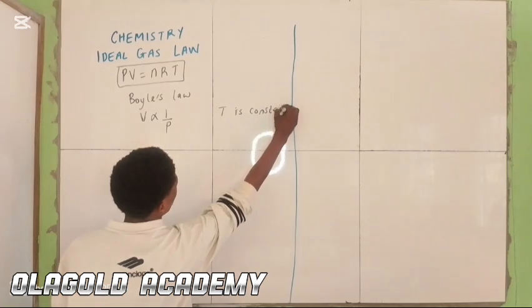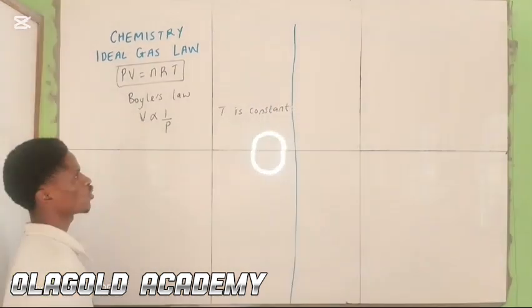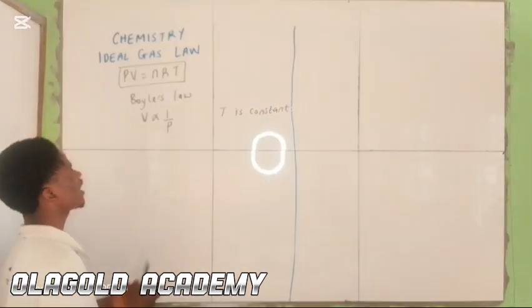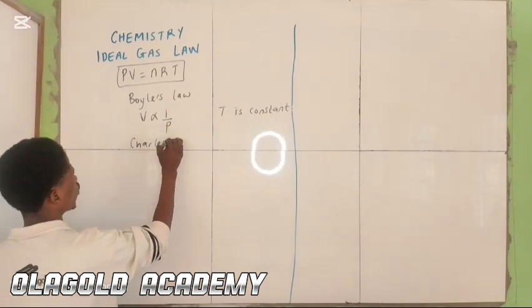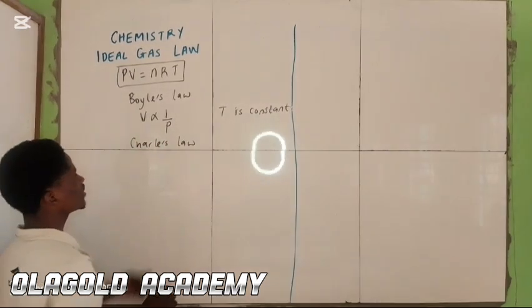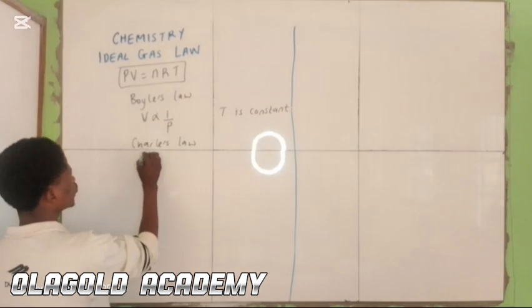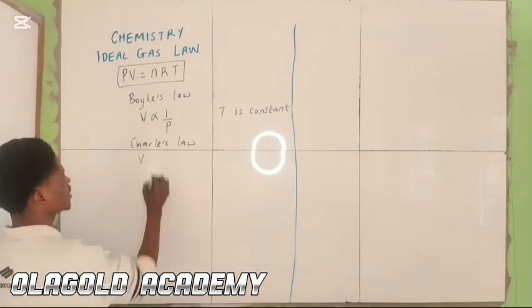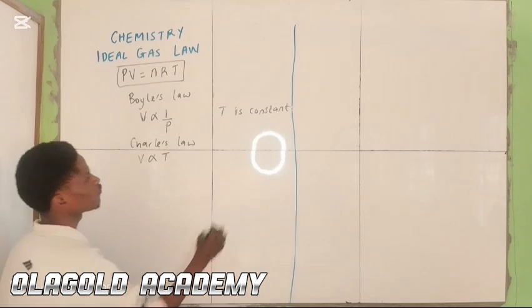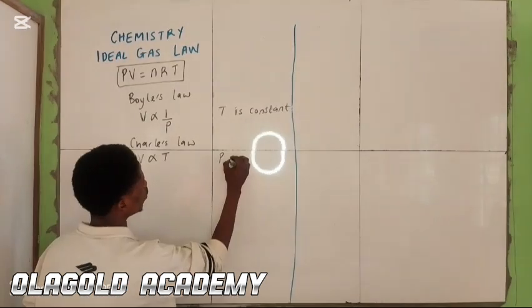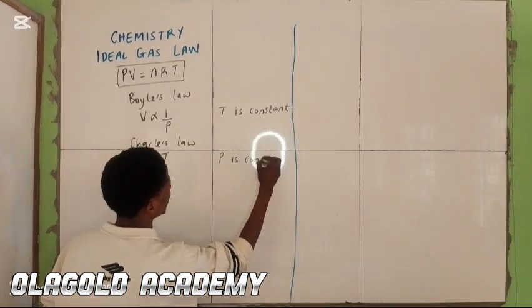For Charles' law, the volume of a fixed mass of gas is directly proportional to the temperature, provided that the pressure is constant.